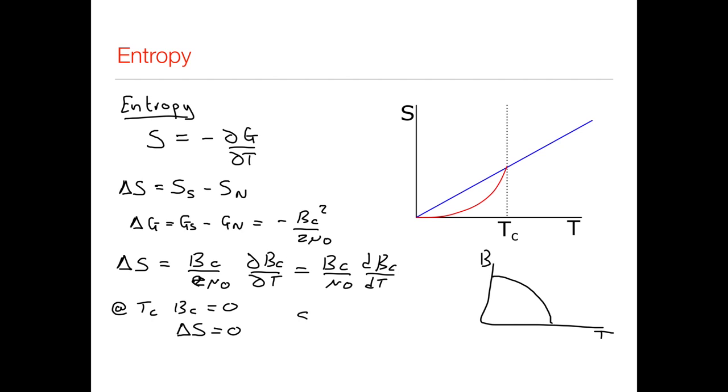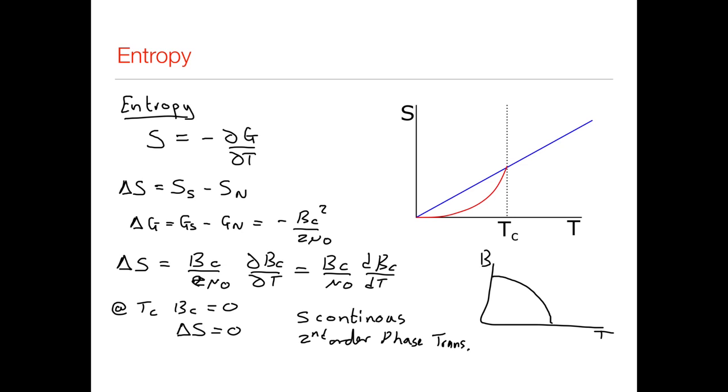Okay, so S is continuous, and this is the signature of a second order phase transformation. Okay, so there's no latent heat given out when we move into the superconducting state. Okay, so the other thing we can notice is that for delta S, dBc by dT is a negative gradient.